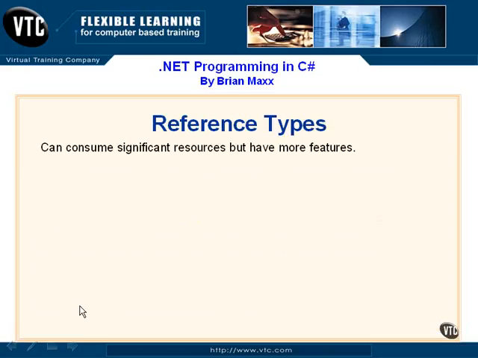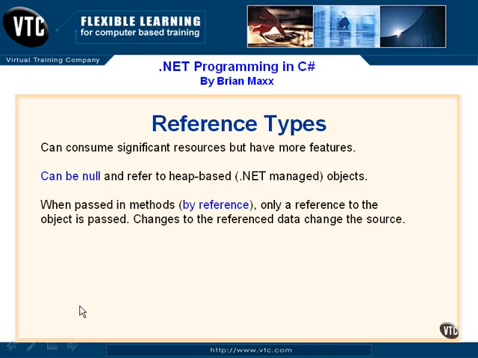In reference types, now, these can consume significant resources, more resources, but they have more features. You can imagine if you have a big class, a big object, these are going to take up a lot of resources, and they have to be handled differently. Now, reference types can be null, and they're going to be heap-based, like I said, .NET managed. When you pass these reference types in methods, you're passing by reference.